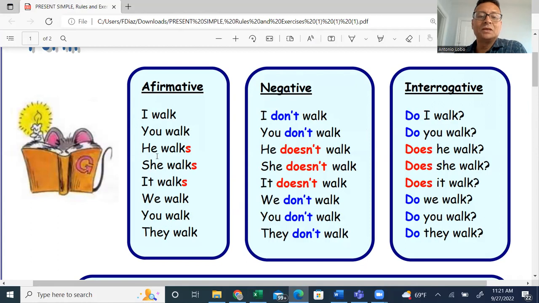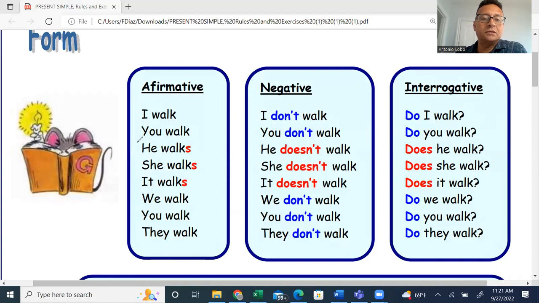Okay, but you can see that when this verb gets to the third person, he, she, and it, the conjugation has an s in front of it. I walk, you walk, he walks. I walk, you walk, she walks. Okay, this s doesn't mean plural. It means that the verb is on the third person.